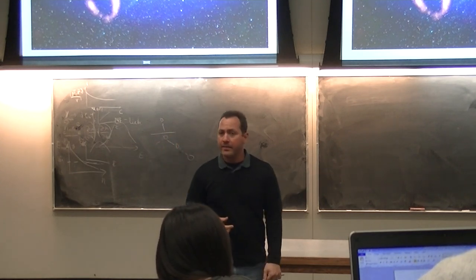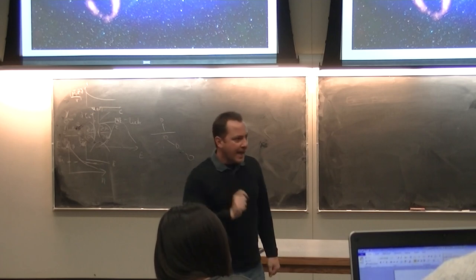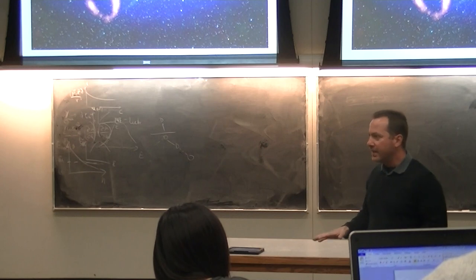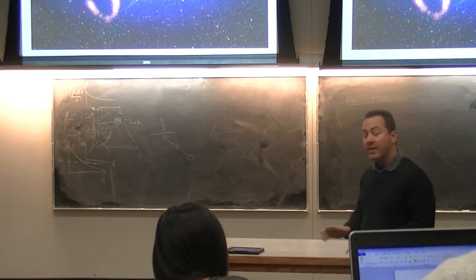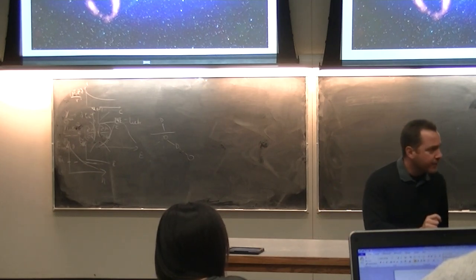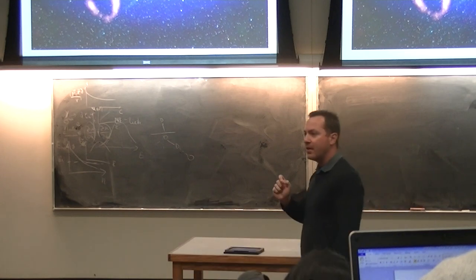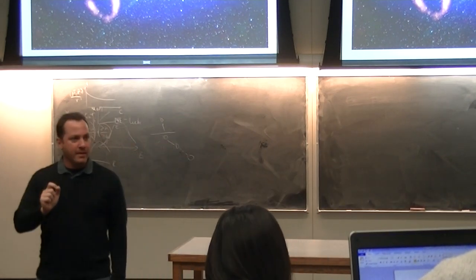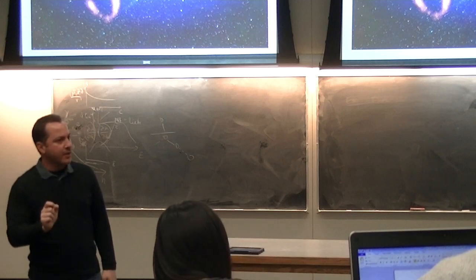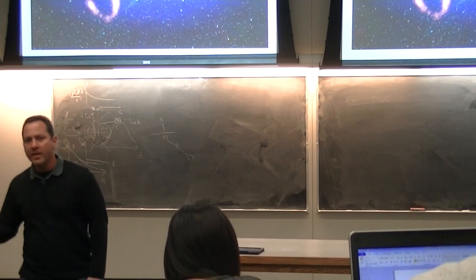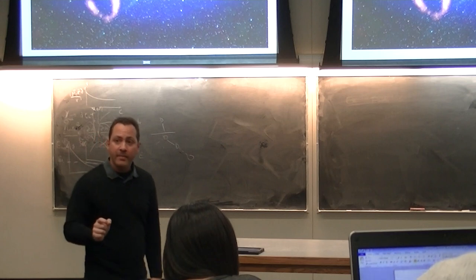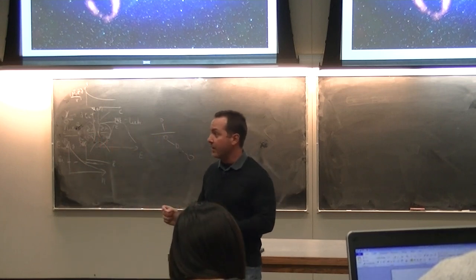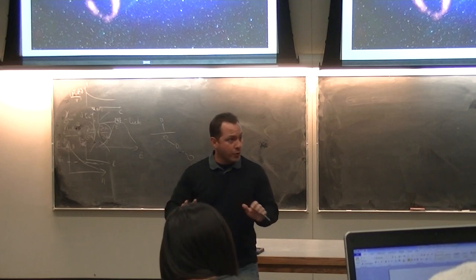Every single element that is present here in this room, every single carbon atom that is making up your body, every single iron atom that is making up the hemoglobin in your blood, and the oxygen that you're breathing, all of that was built up inside a star at some time, somewhere.